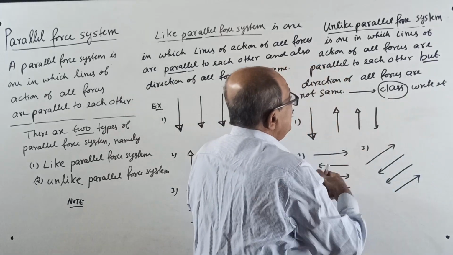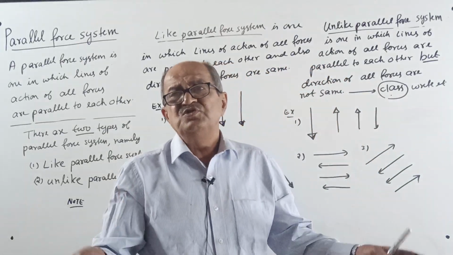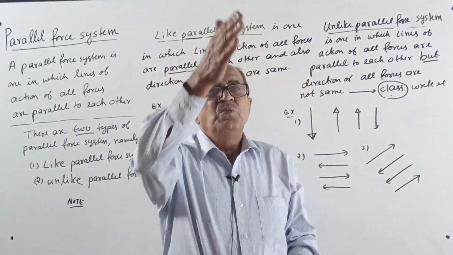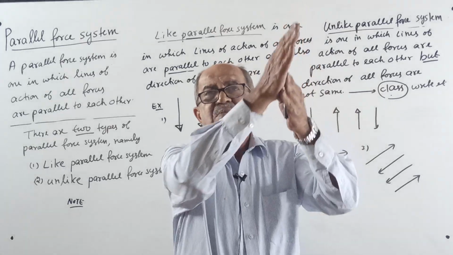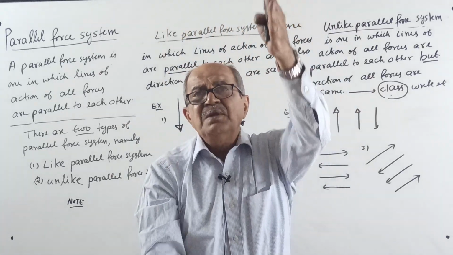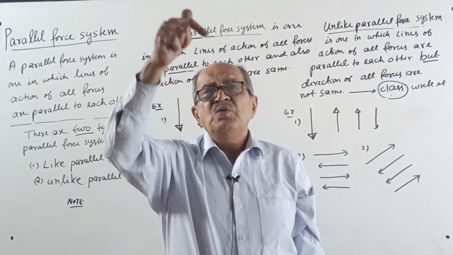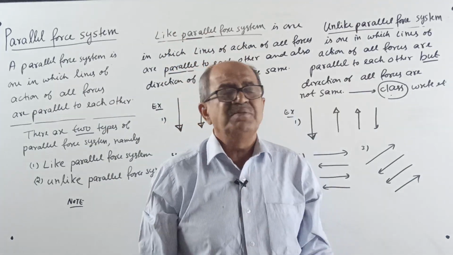See, make a note here, class. First of all, forces should be parallel. If one of them is down, the other can be up, because down and up, see, both are parallel. But you cannot have one down and one inclined. Then it is a general coplanar force system.